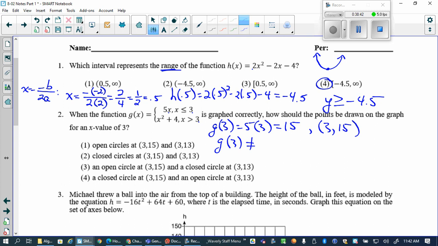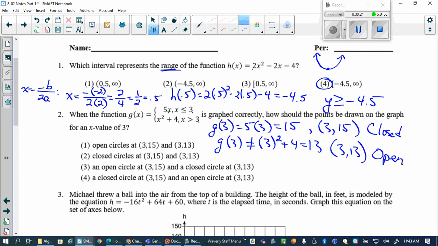So it'll be 3 squared plus 4, which is 9 plus 4, which is 13. What are the coordinates here? Now, between the 3, 15 and the 3, 13, which one gets the closed circle? So this will be the closed, and this one will get what kind of circle? Open, because it's really not included there, right? So do you understand now how to do one like that?